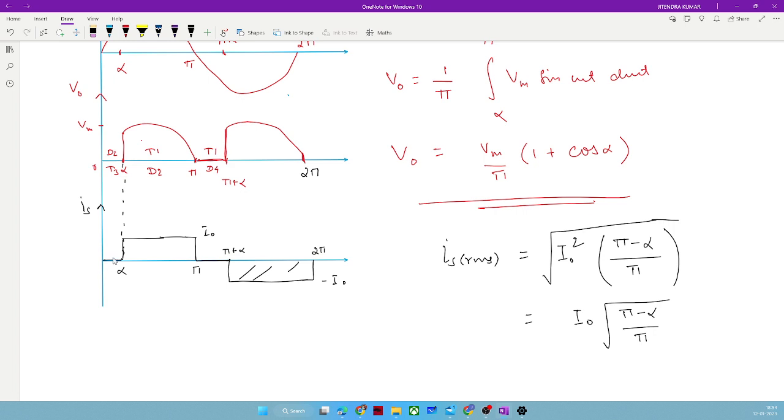Here I will also draw it so that you can easily visualize the thing. It will start from alpha by 2, this is pi plus alpha by 2, and this is already pi plus alpha, so it will follow that kind of thing.